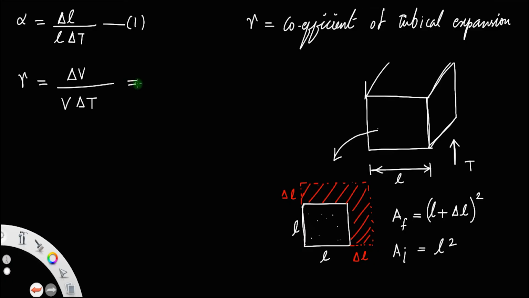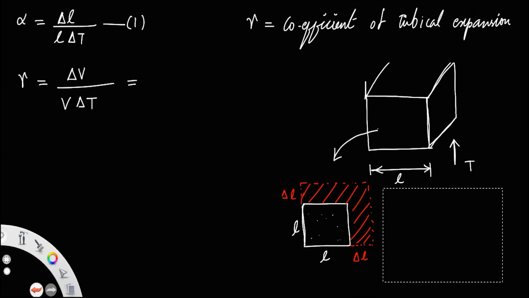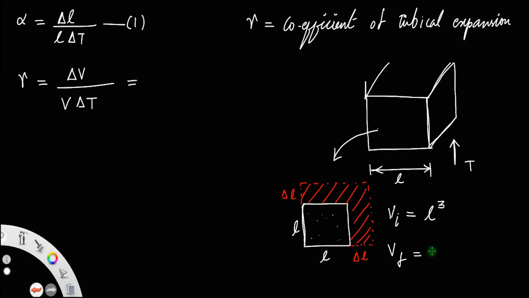So for change in volume, we have the final length of the cube as L plus delta L. The initial volume of the cube, let's represent that as Vi, is equal to L cube. And the final volume is, with final length L plus delta L, L plus delta L whole cube.